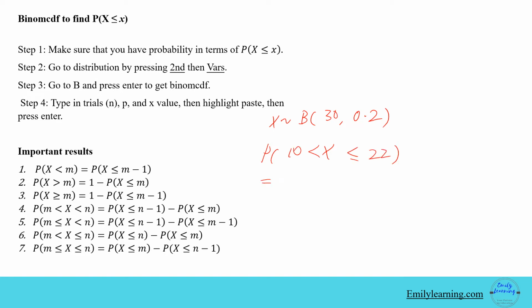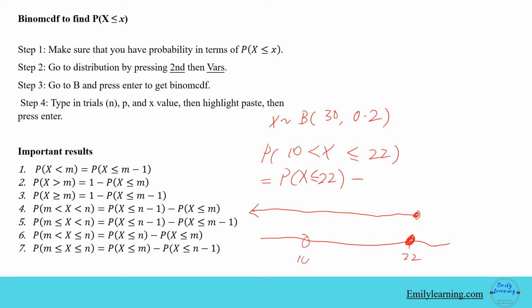So now I know from the number line that I want to include 22. Okay, so I will definitely take P of x lesser than or equals to 22, and then I minus, I don't want 10, right? That means I want to start from 11. Okay, so I will minus 10. So I'll subtract this away. So I will minus P of x lesser than or equals to 10. Okay.